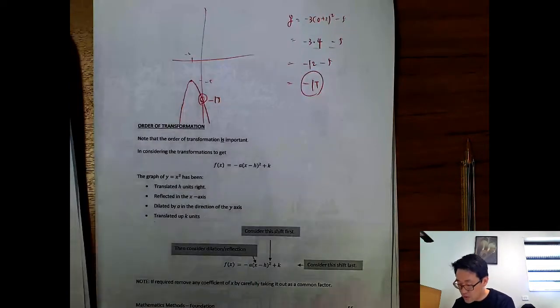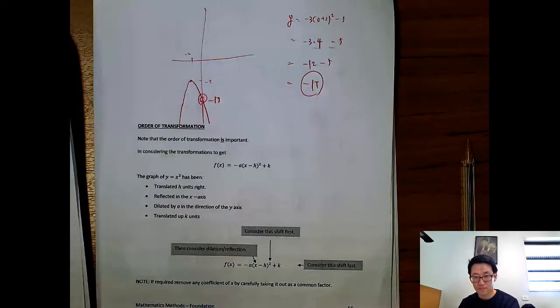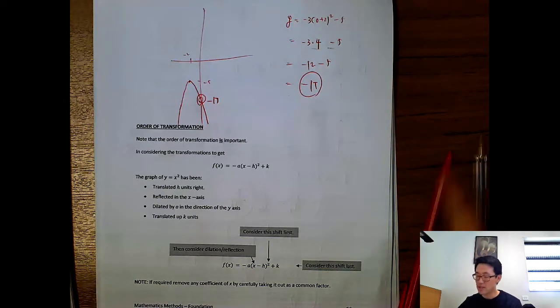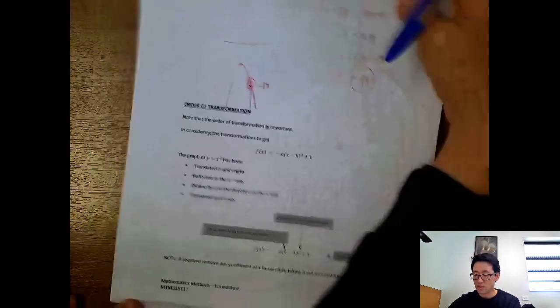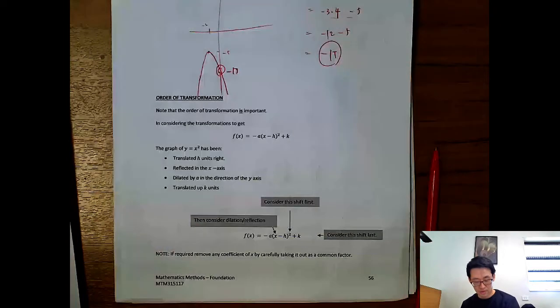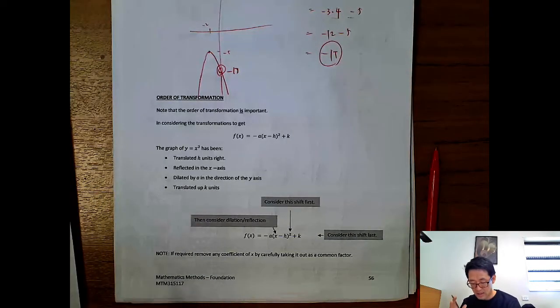And order of transformation. You basically start from x. That's probably the easiest way. I mean, they write down the order here, but if I do that, the easiest way, you start near x and then you expand it.